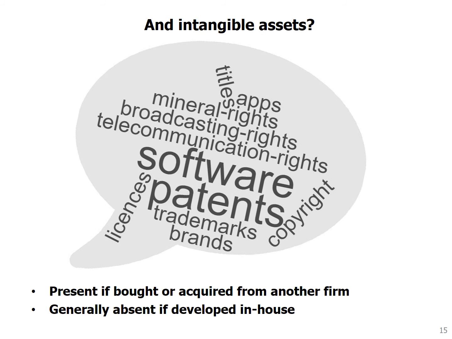This means patents, new technologies, developed products and brands that are created by the firm itself through their own research or through their marketing activities do not appear in the statement of financial position. So they are present if bought or acquired from another firm, but generally absent if developed in-house. And this can include titles, mineral rights, broadcasting rights, software, patents, trademarks, copyright, and licenses.